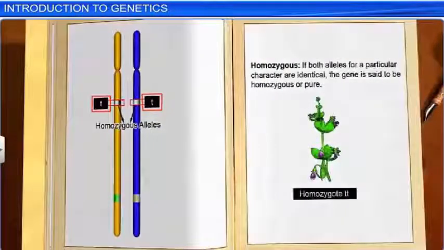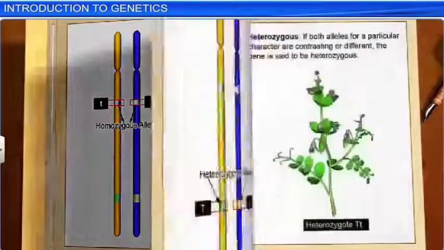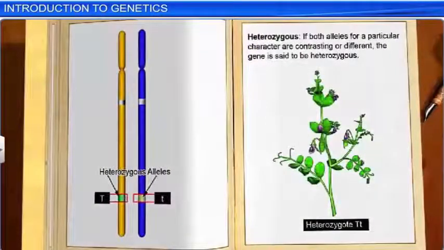If these two alleles for a particular character are identical, the gene is said to be homozygous or pure, and the individual is called a homozygote. On the other hand, if an organism possesses two contrasting or different alleles in a pair, the gene is called heterozygous, and the individual is called a heterozygote.